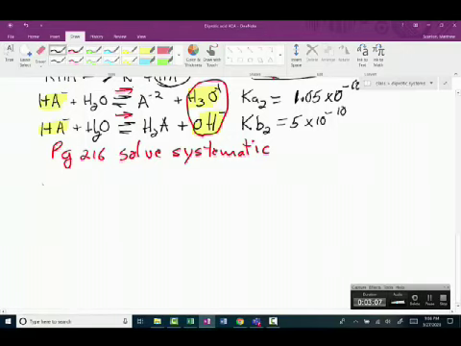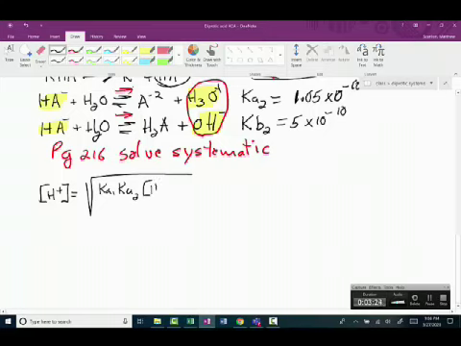That is that the concentration of H plus is equal to the square root of Ka1 times Ka2. The book calls them K1 and K2.